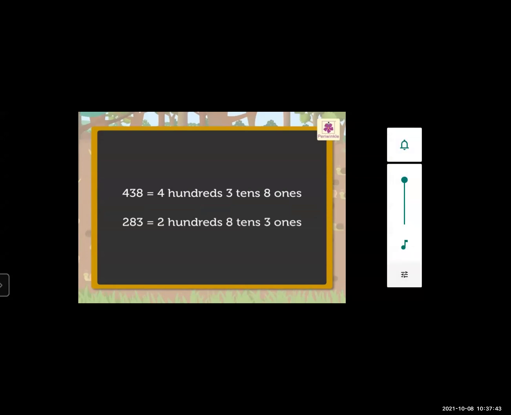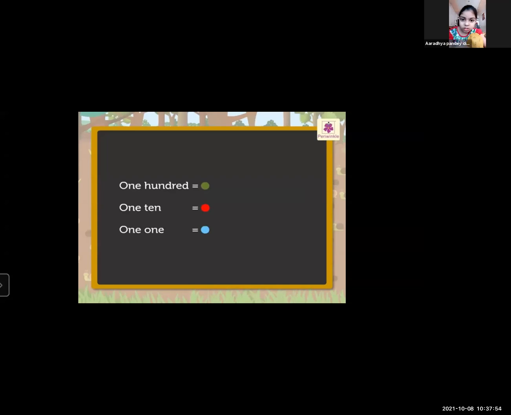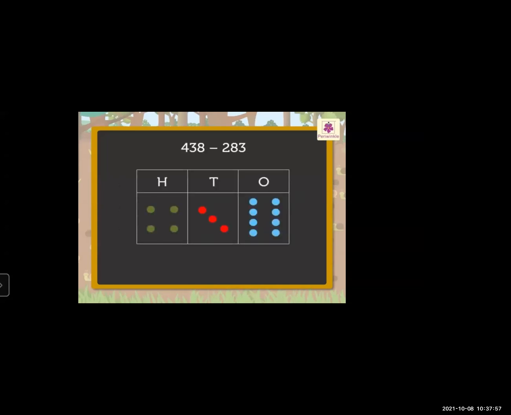Let us represent each hundred with a green dot, each ten with a red dot, and each one with a blue dot. So the number 438 will be represented like this with dots. Now let us cancel the dots equal to the digits in the subtrahend in each column, starting with the dots in the ones column first, then the dots in the tens column, and lastly the dots in the hundreds column.